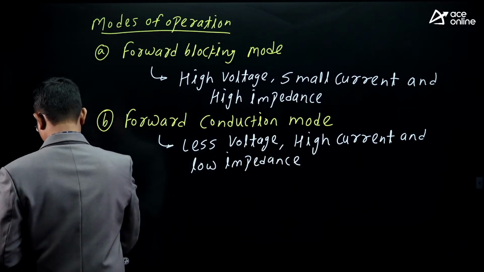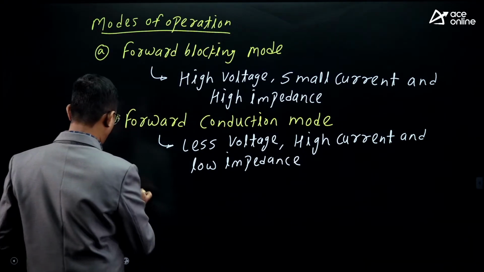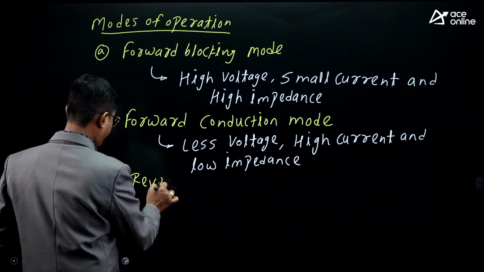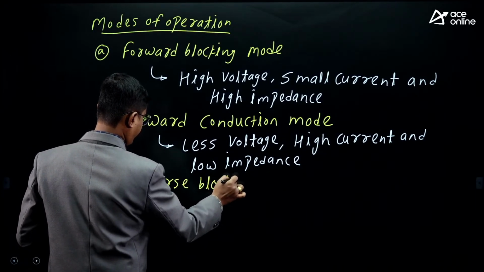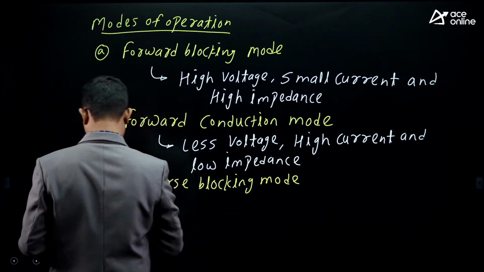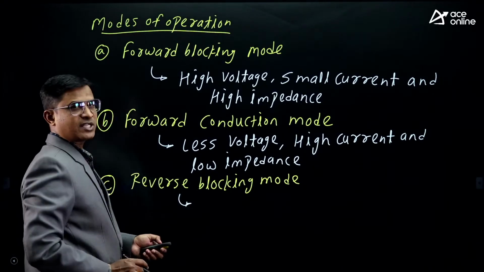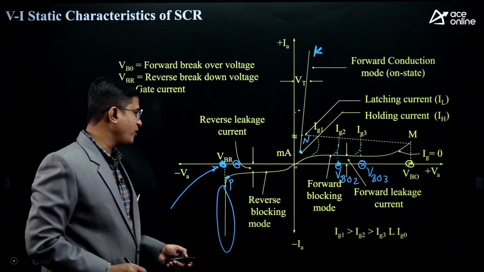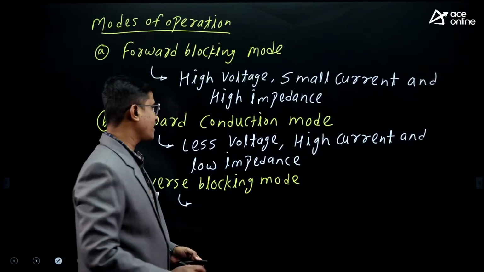And the third one is reverse blocking mode. During reverse blocking mode, SCR is characterized with a high voltage and low current or small current.